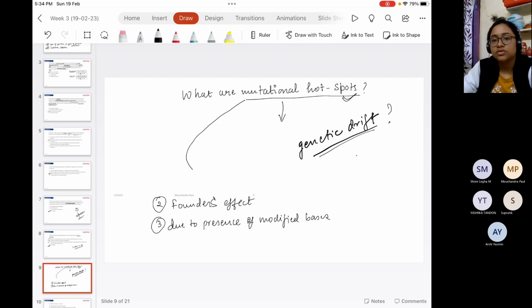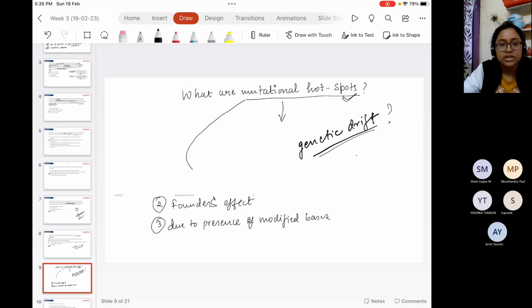Okay, so that is not exactly genetic drift. What happens is there's a big population, and they choose a few members of those people to migrate to another location, like due to some dispute or war or something like that.